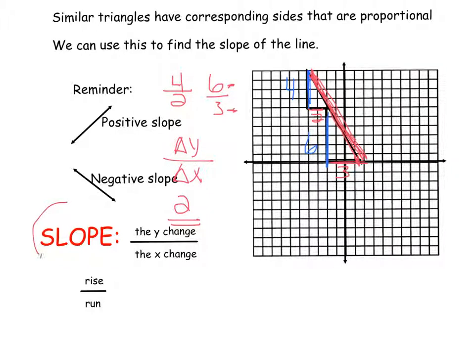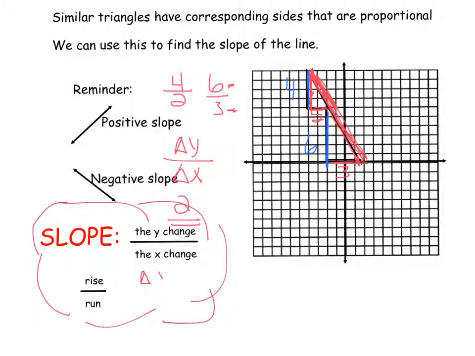So I want you to remember what we know about slope. Slope, we talk about it as the y change over the x change, that ratio of the y change over the x change, or you can think of it as rise over run. How far do we have to rise and run? It's that ratio of using the legs of the triangle to describe the hypotenuse.